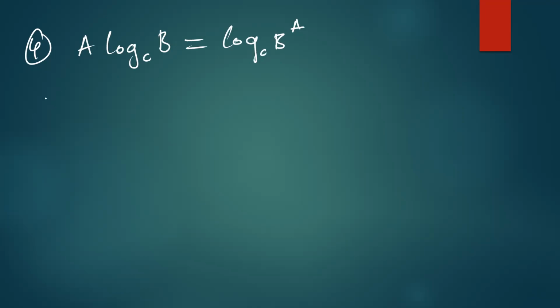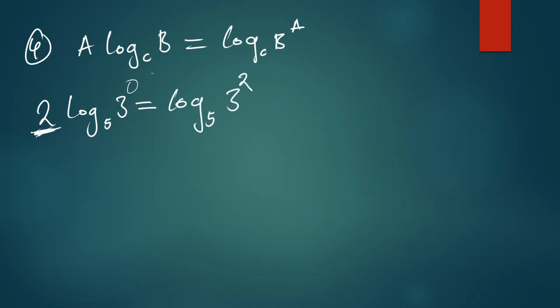So if you have 2 log 3 base 5, the 2 can go and become a power of 3, and hence this will be log 3 to the power 2, base 5.